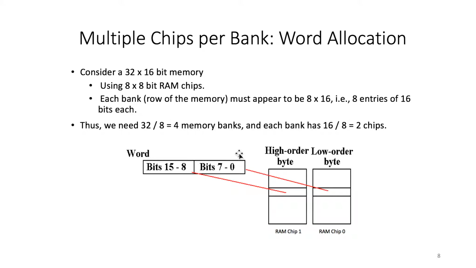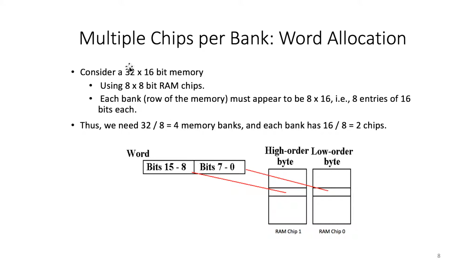So we can compute how many banks of the memory are needed in order to construct the memory. That's equal to 32 divided by 8, which is equal to 4. 32 is the number of rows of the memory that we want to construct, and 8 is the number of rows of one RAM chip.